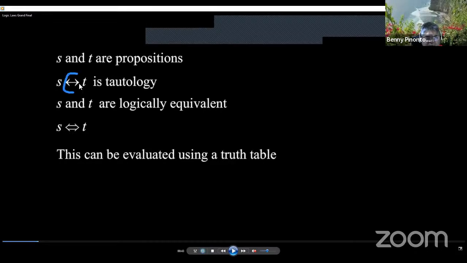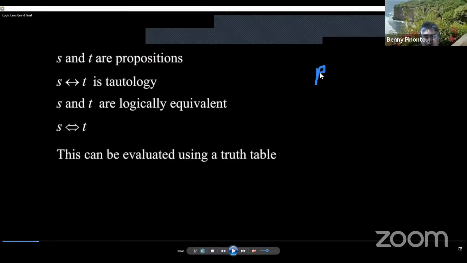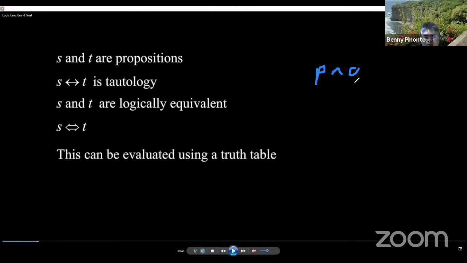When we evaluate now, S can be anything. So S can be P, and also S can be P and Q or R, and T can be anything, something like this.